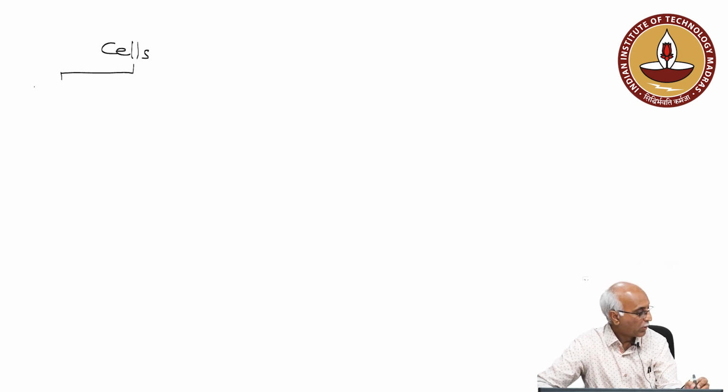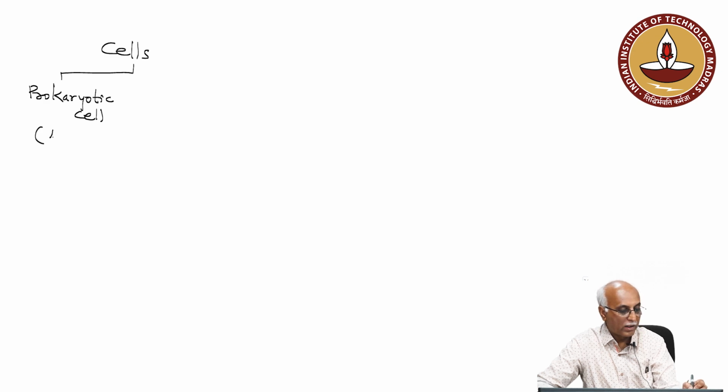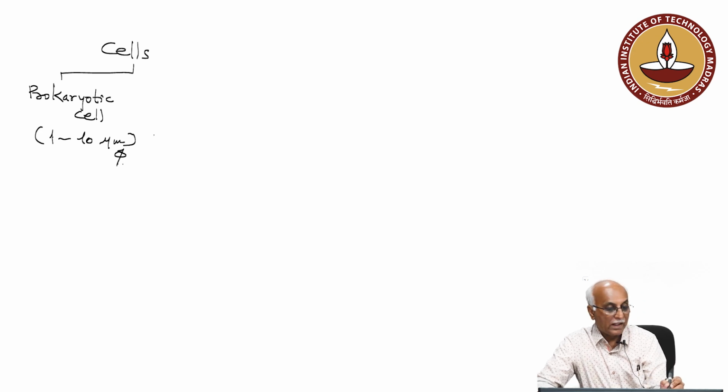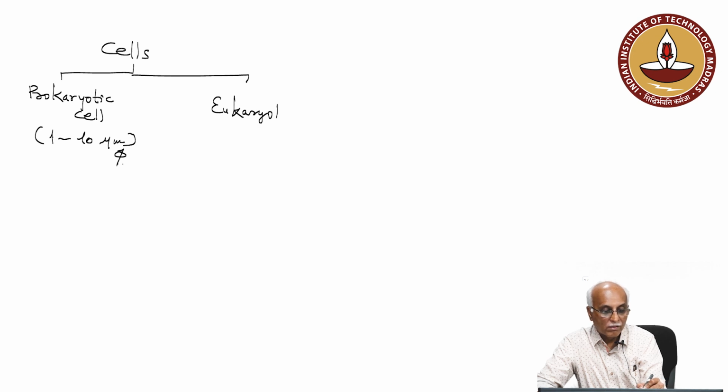One is the prokaryotic cell, with size maybe 1 to 10 micrometer in diameter, and then eukaryotic cells, which are 10 to 100 micrometer in diameter.